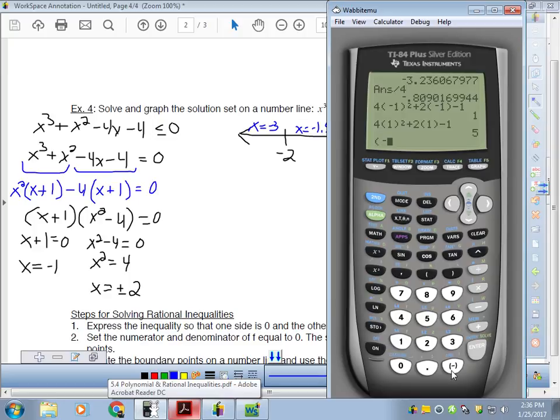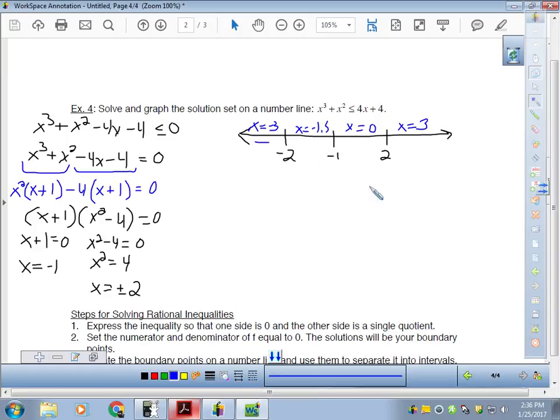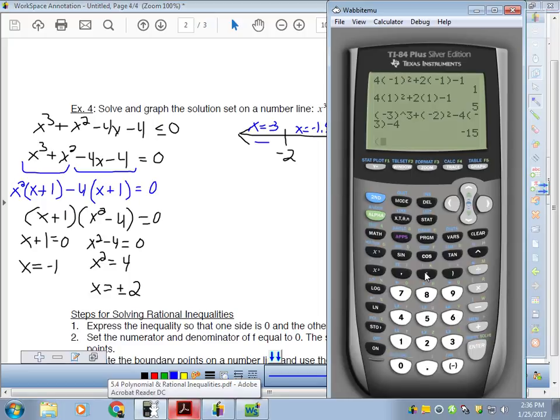So I've got negative 3 getting cubed plus negative 3 getting squared minus 4 times negative 3 minus 4. Gives me a negative 15, so that one is negative. And I'll plug in negative 1.5.